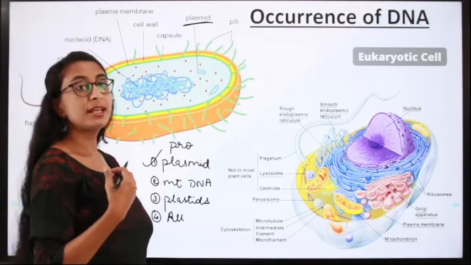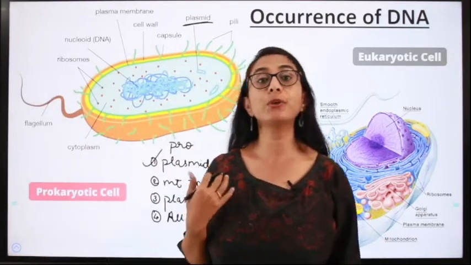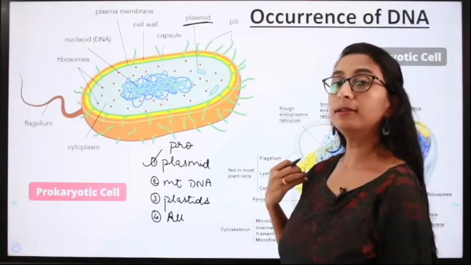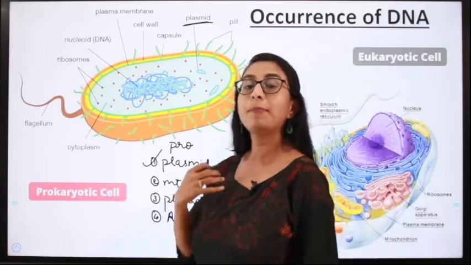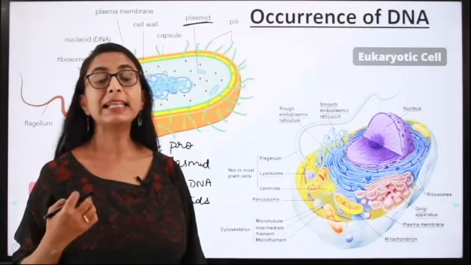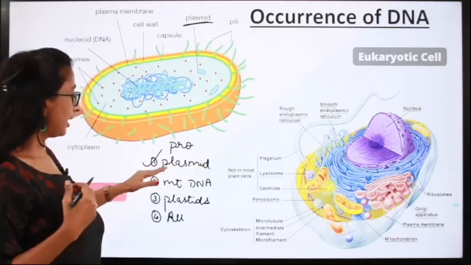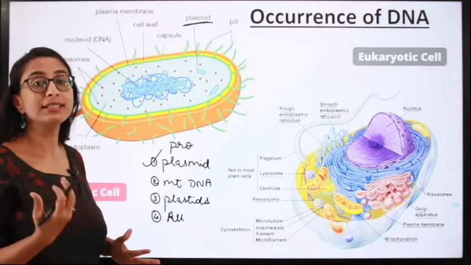Whereas suppose the same question is asked with respect to a eukaryotic cell. So if they ask what are the DNA apart from the chromosomal DNA that is present in a eukaryotic cell, and you have the same 4 options, what is the right answer?